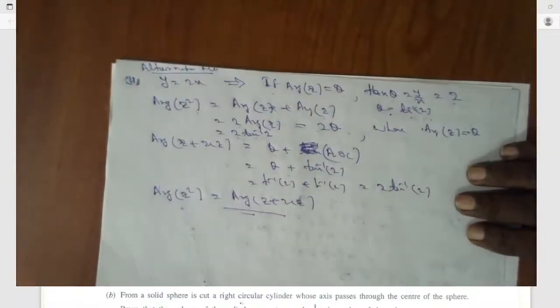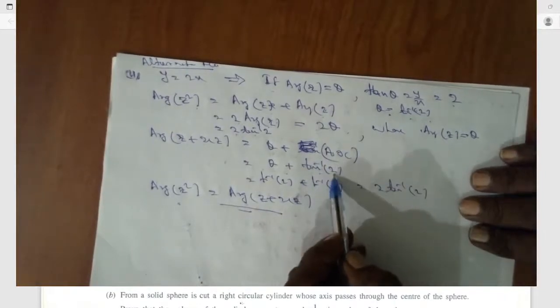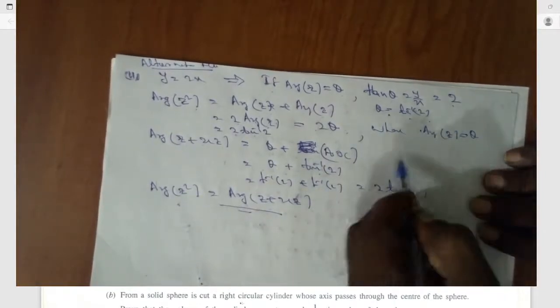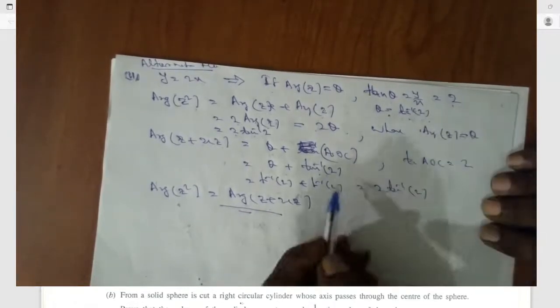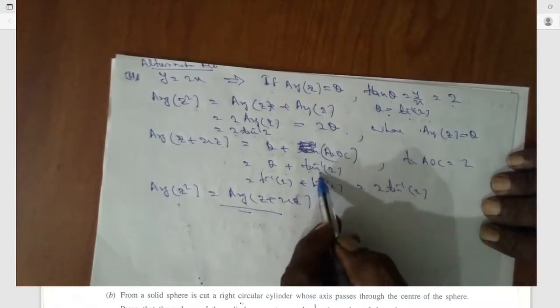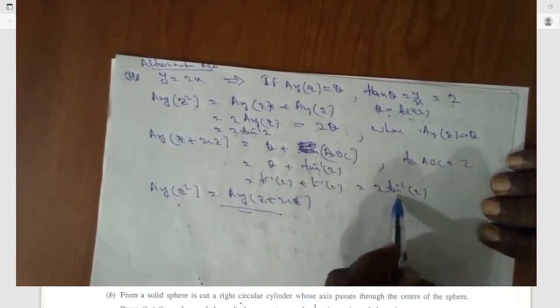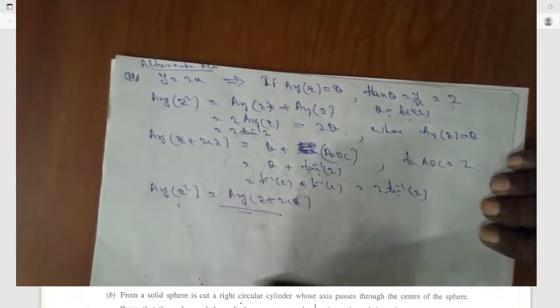Earlier we got the angle AOC. AOC is tan inverse 2, no? Because we got that tan AOC equals 2, right? Therefore, AOC equals tan inverse 2. This is also tan inverse 2, this is also 2 tan inverse 2. Therefore, arg z squared equals arg c.